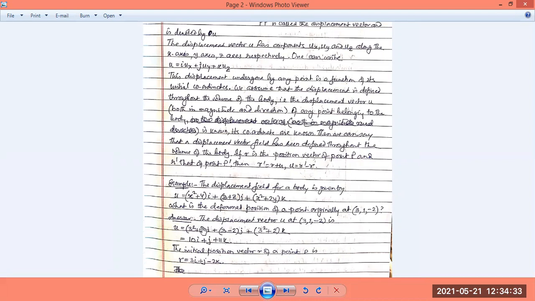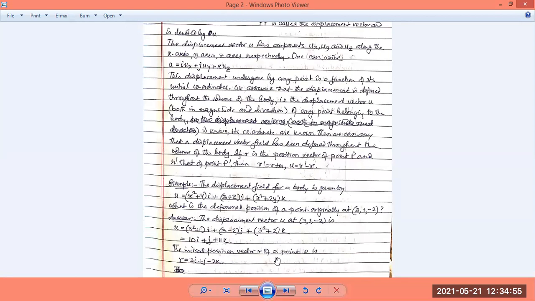The displacement vector at the point P will be given by putting the values of x, y, and z here: 3 square plus 1 into i, 3 minus 2 for j because z is equal to minus 2, and 3 square plus 2 into k. So 10i plus j plus 11k.